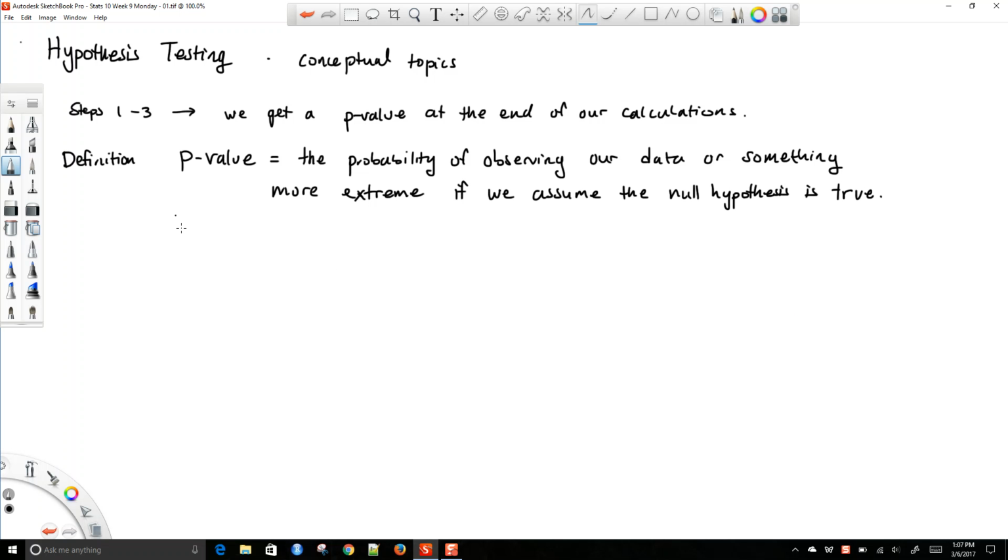What this means is that if the p-value is large, then there's a good chance that our data could happen from random chance under the null hypothesis. And if the p-value is small, then our data is unlikely to happen under the null hypothesis.